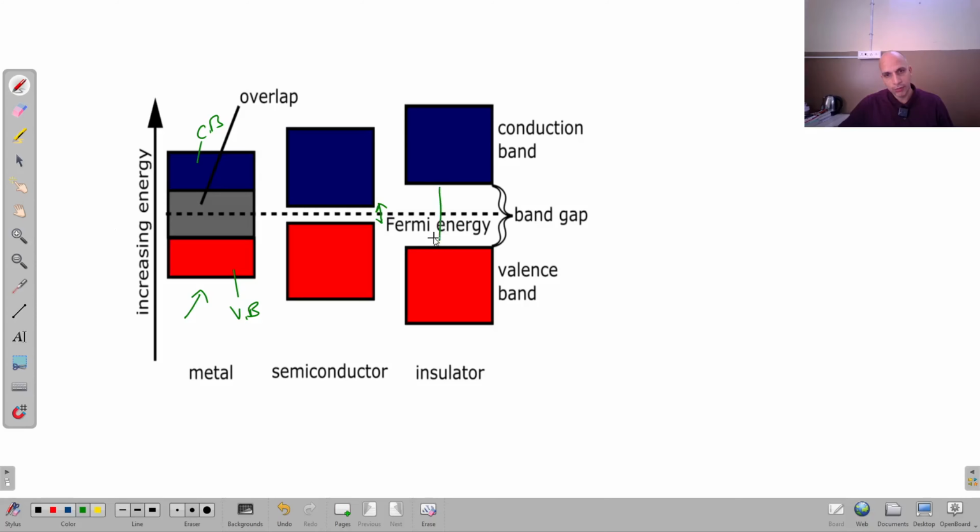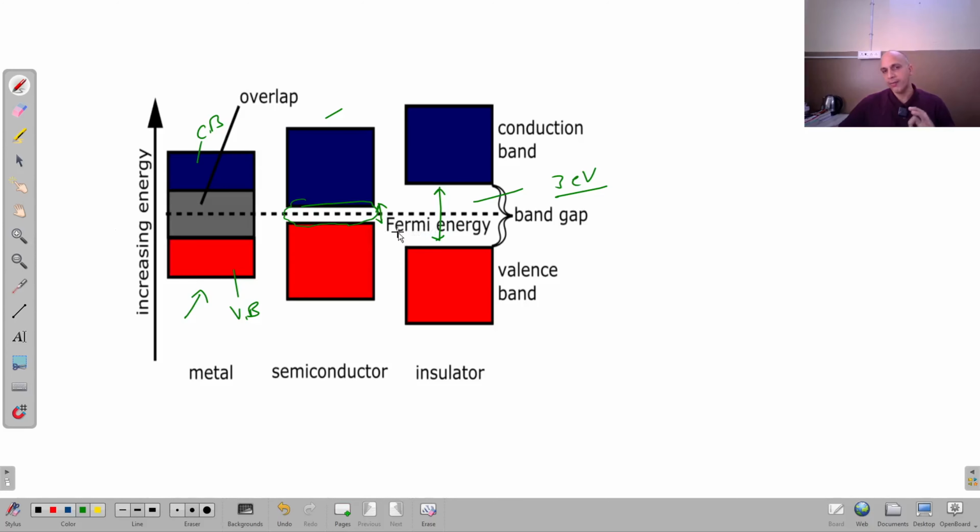But in case of insulators this gap is wide between the valence band and the conduction band. This gap, as I told you, is more than 3 electron volt, right? But in this case it is of the order of 1 to 3 electron volt, or even less than 1, right? We have seen. So this gap is very small. So that's why the behavior of semiconductors is totally different from insulators and metals, right?